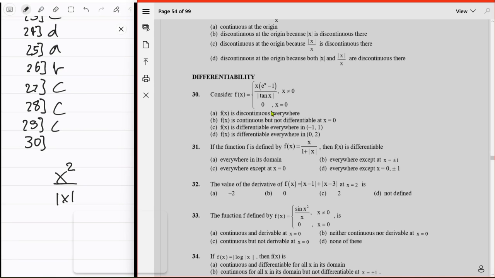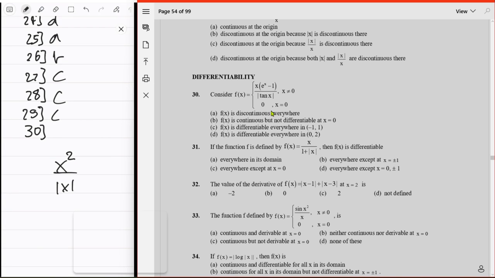So it's going to be 0 in both cases. This thing is actually continuous at x equal to 0. Very weird, but that somehow happens. So it's not discontinuous everywhere. It is continuous but not differentiable at x equal to 0. Just figure out what it is at 0.